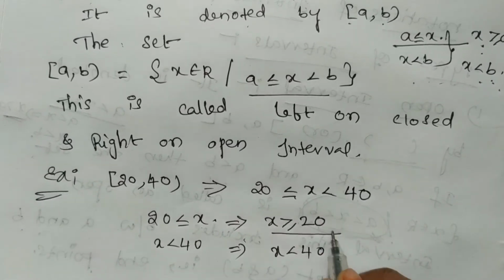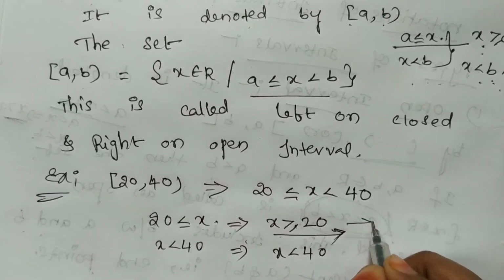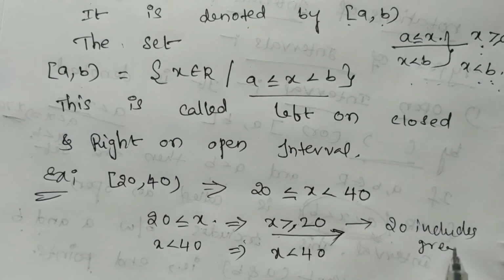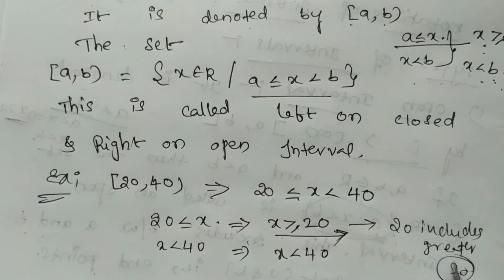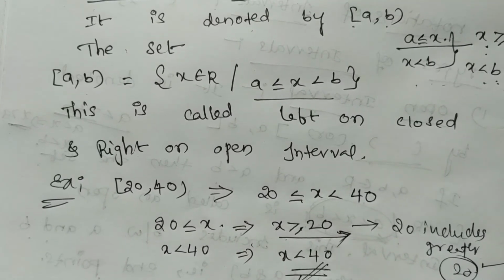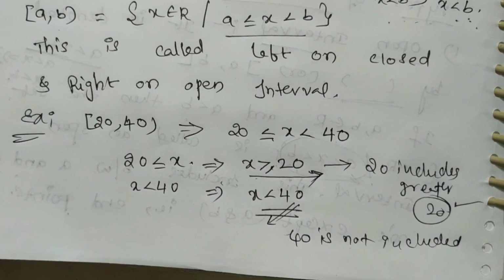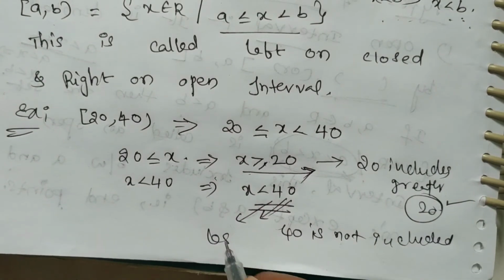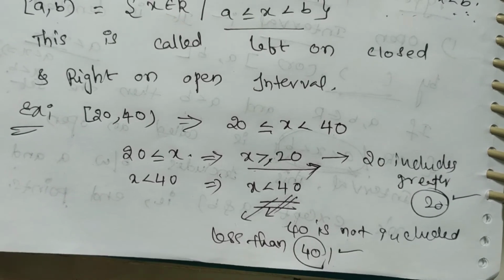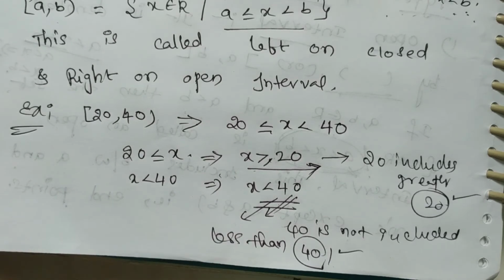So 20 is included, and greater values than 20. Next, x less than 40, so here 40 is not included, and values less than 40 are included. So this is a semi-closed interval.